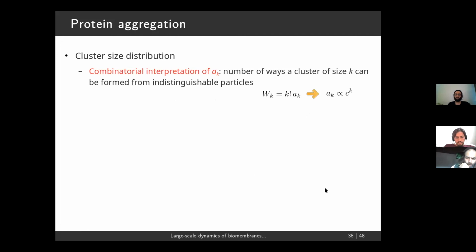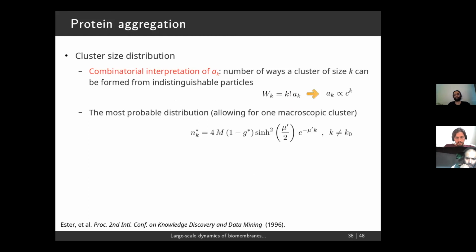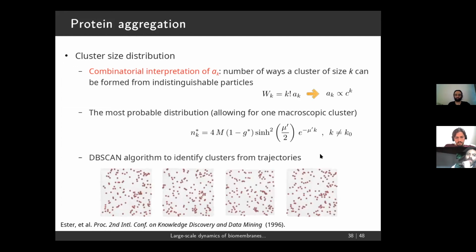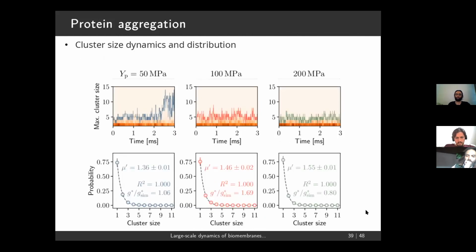I've just used my own interpretation of the number of ways that a cluster of these proteins can be formed on top of the membrane, and found a certain probability distribution that we expect for the cluster sizes. From the trajectories, I use an off-the-shelf algorithm to identify these clusters based on the pairwise distance between particles.